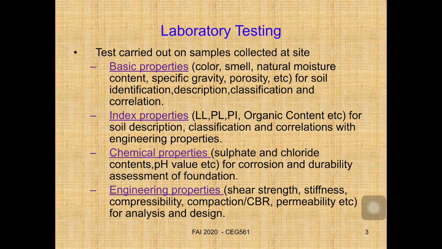For the second, it is the index properties, which is the Atterberg limits. If you still remember the Atterberg limits, which are liquid limit, plastic limit, plasticity index, and shrinkage limit. For cohesionless soil, for the soil classification, you can just stop at sieving.